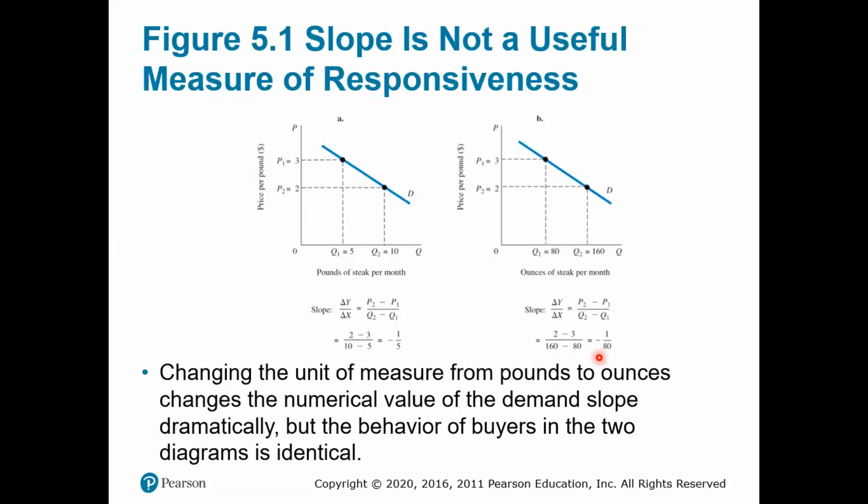That's called the wrong answer. Metrics of responsiveness, you do not want to be unit dependent. You have to be able to get rid of the units. And that is the main feature of elasticity. Elasticity works regardless of how you measure pounds, ounces, whatever you're measuring.